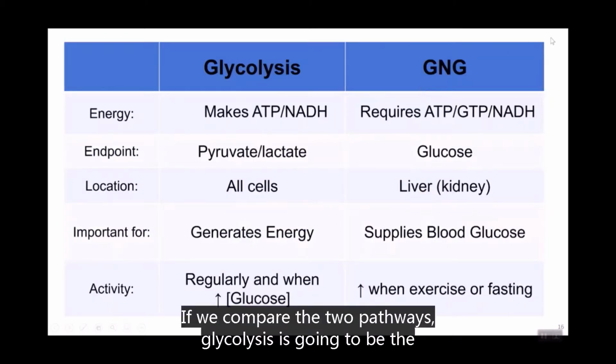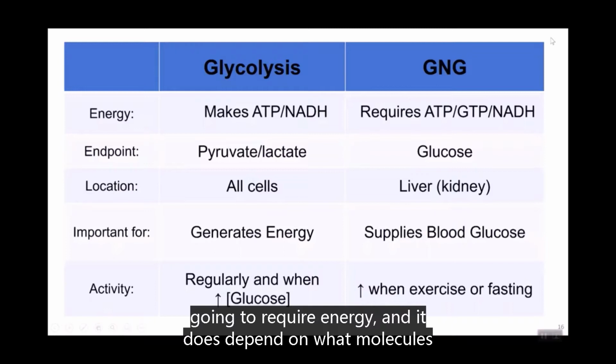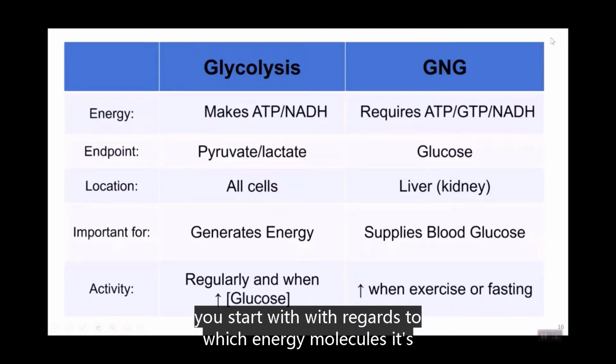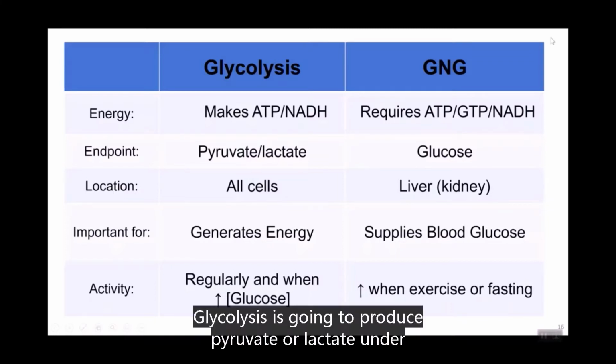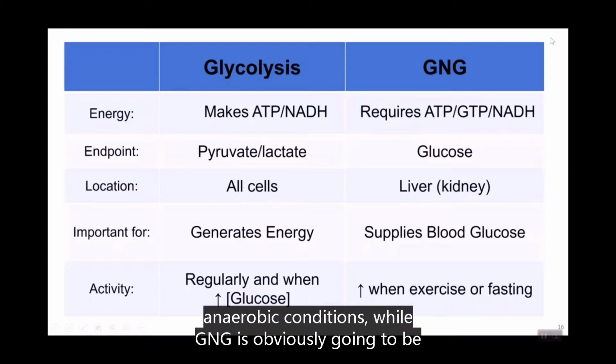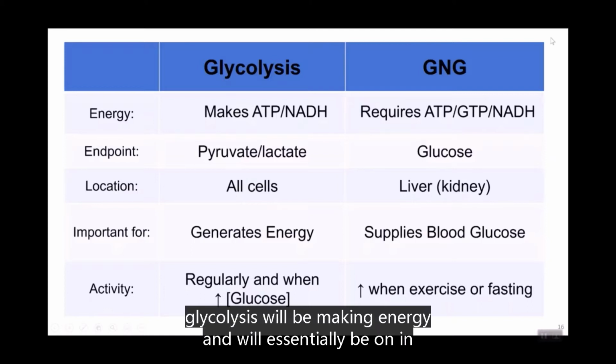If we compare the 2 pathways, glycolysis is going to be the catabolic pathway that makes energy, while gluconeogenesis is going to require energy, and it does depend on what molecules you start with regards to which energy molecules it's going to need. Glycolysis is going to produce pyruvate or lactate under anaerobic conditions, while GNG is obviously going to be making glucose, or the starting molecule for glycolysis.